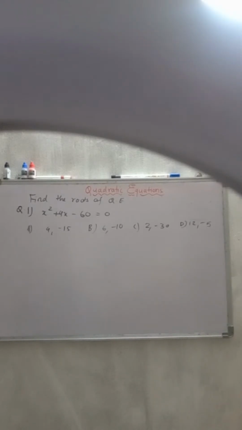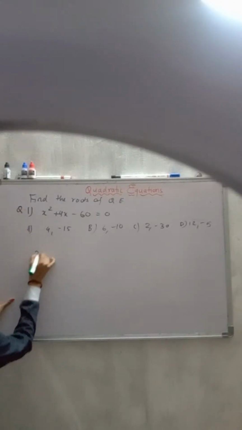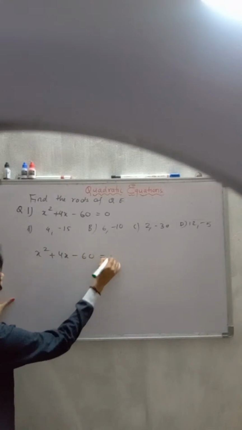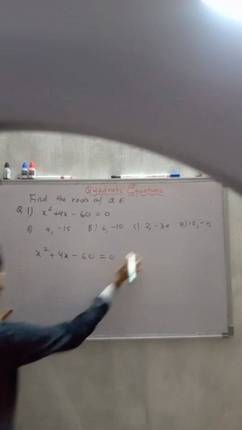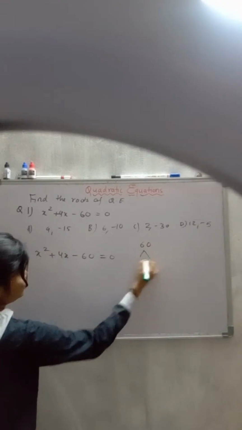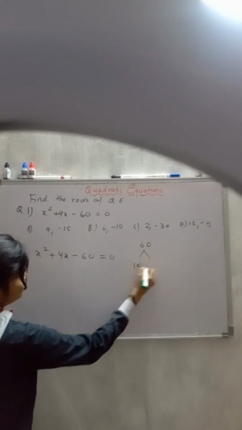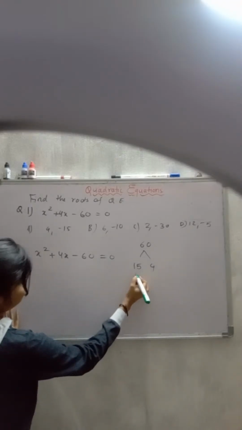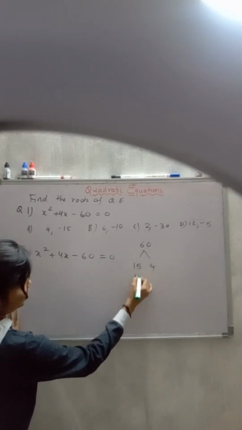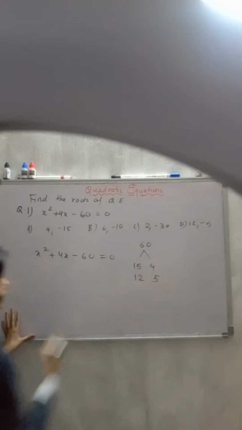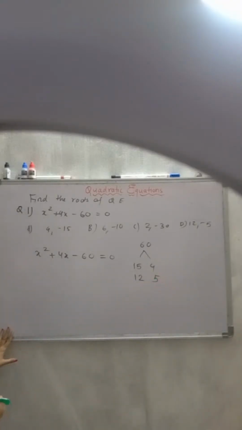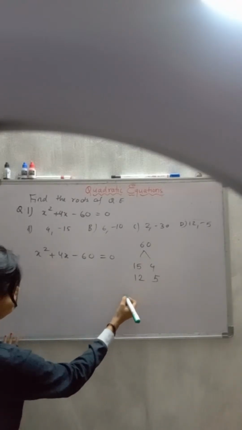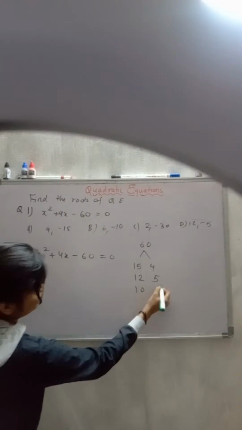So, to solve this quadratic equation, we will factorize the constant term using the factorization method. Factors of 60 are 15 and 4, 12 and 5, and 10 and 6.